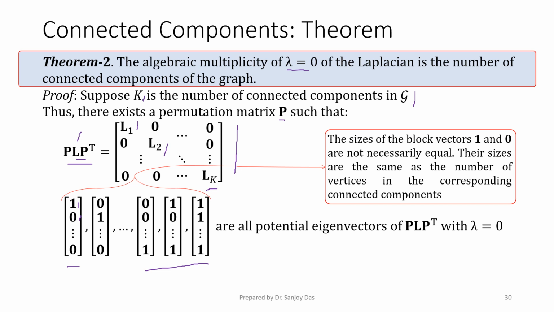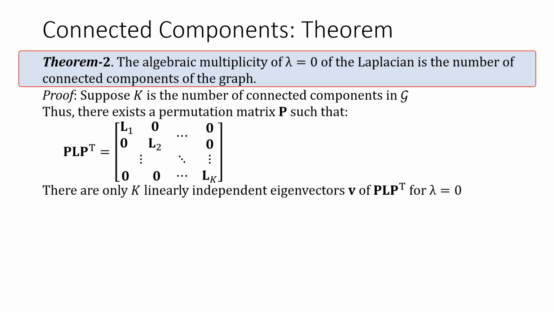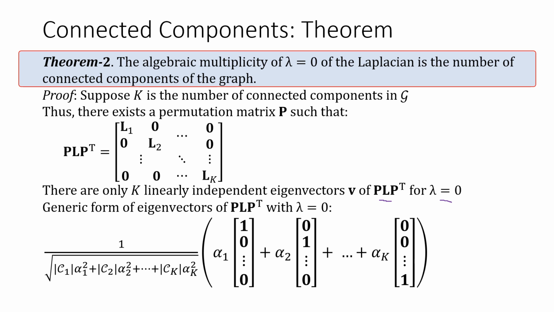Their sizes depend on the cardinality of the connected components. Now, there are only k linearly independent eigenvectors of the transformed Laplacian PLP transpose for lambda equals 0. This is the general expression for these eigenvectors. Alpha 1 through alpha k are scalar coefficients, and C1, C2 until Ck are the connected components.